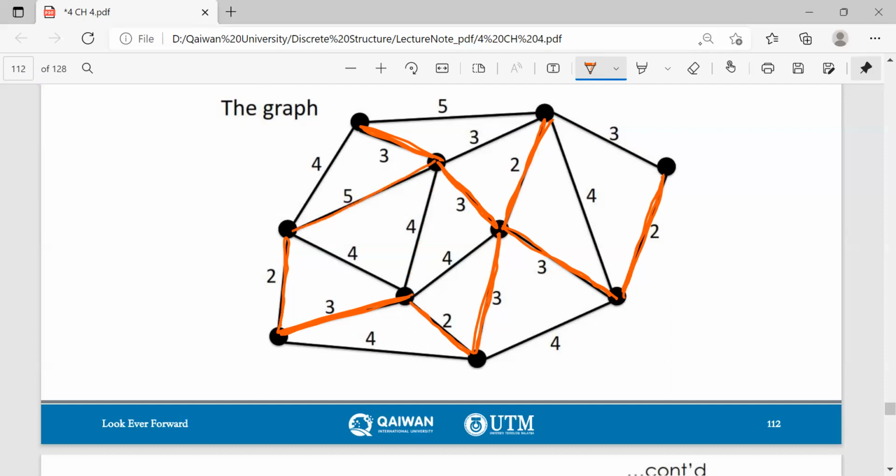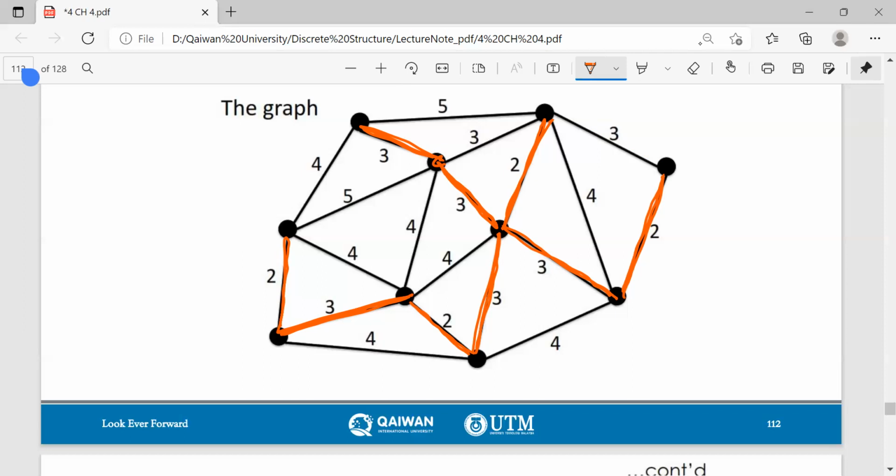Do we need to take this? We don't need to take this, because as you see, this edge joins these 2 vertices, but we already took these 2 vertices. Okay, we have these 2 vertices already in the graph. Now we have this 4. Let's take that and so on. That's all.